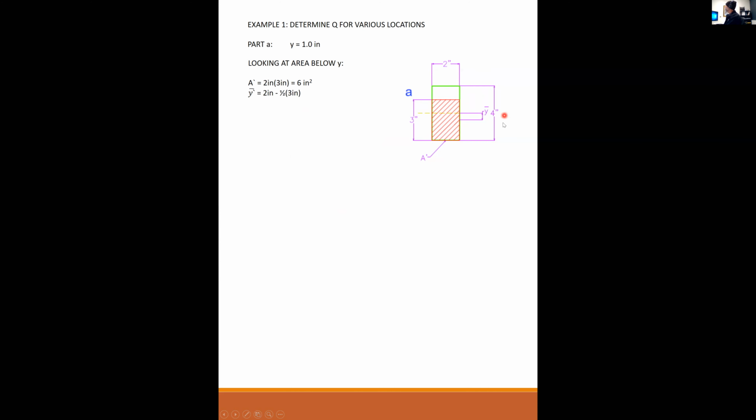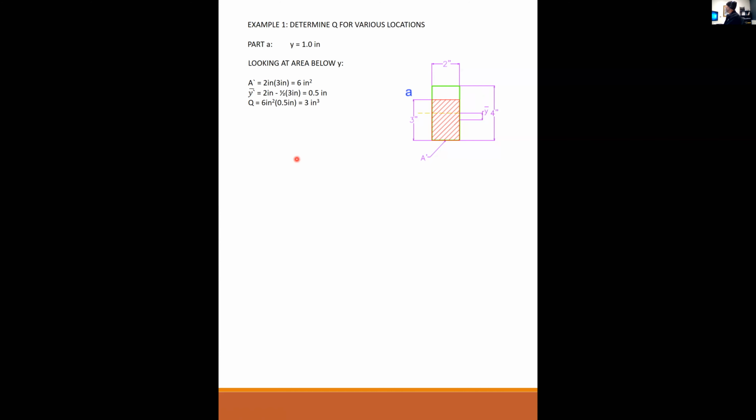Y bar: this whole thing is 1.5 inches to the centroid, but it's minus the 2 inches to the center of gravity. In other words, 2 inches gets you to the neutral axis, minus 1.5 inches to the centroid. So the distance from center to center is only 1/2 inch. 6 times 1/2 gives you 3 inches to the third, identical.